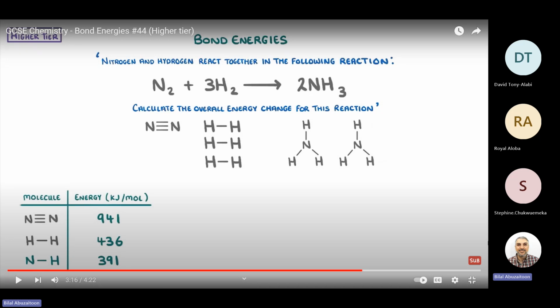What we care about is what type of bonds we have and how many of them. Like in this case, we have NH, NH, NH. Regardless if it's trigonal pyramid or planar triangle, we don't care. We have three NH bonds and two molecules, so the total is six NH bonds. This is what we care about. Yes?